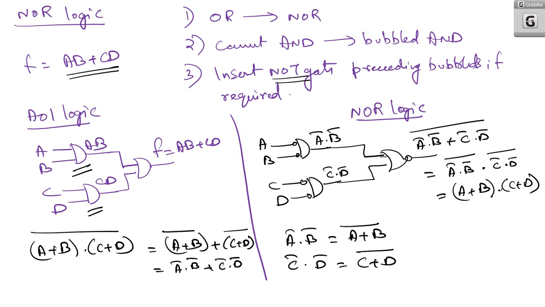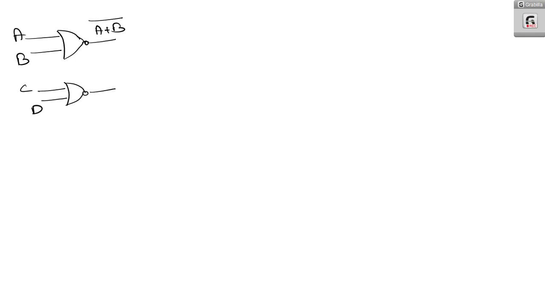So here you are having two barred inputs which are going into the NOR gate. So we can resolve the circuit like this. You have a NOR gate with A, B, so this is A or B the whole bar. Then this one is C, D. This is C or D the whole bar.